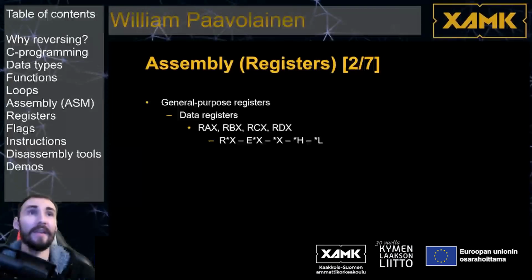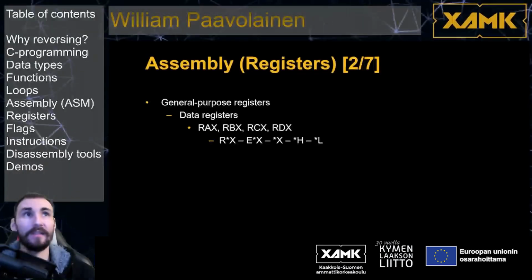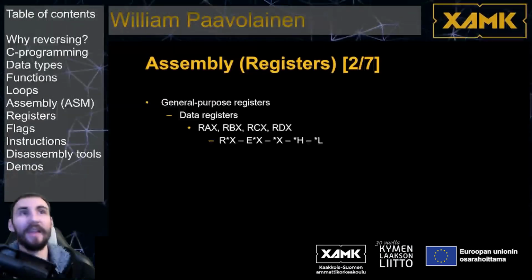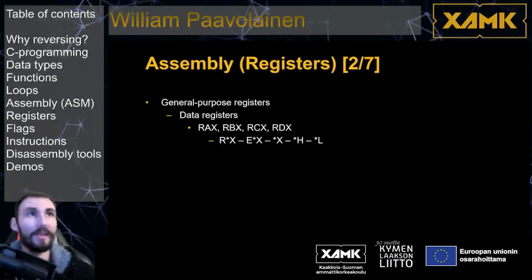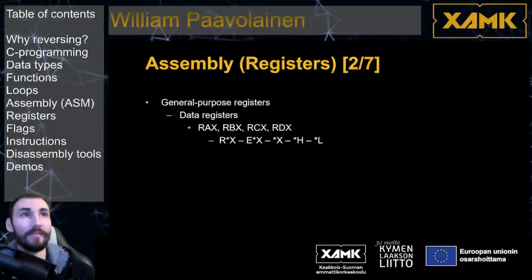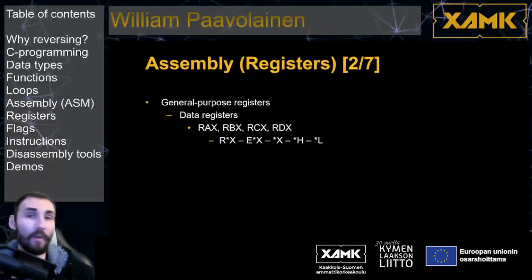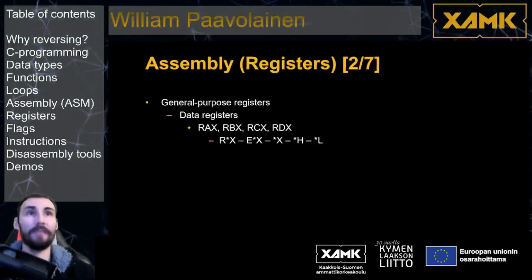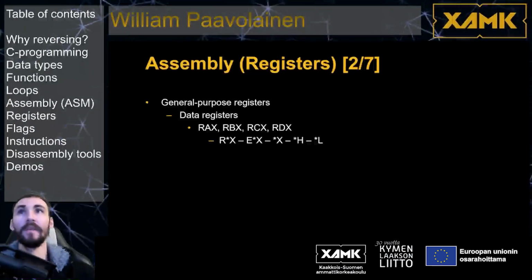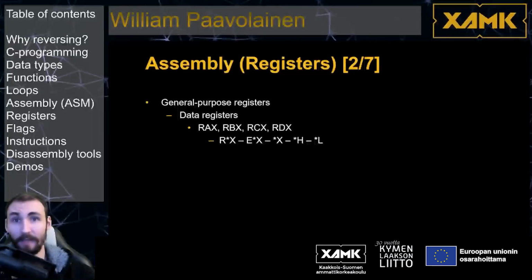So RAX, EAX, AX. Then we technically have AH, which is A and higher 8 bits, and AL, which is the lower 8 bits from the 16-bit register. And same goes with B, C, and D. And they actually have names as well.